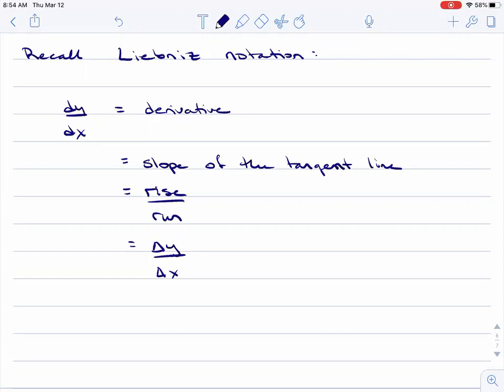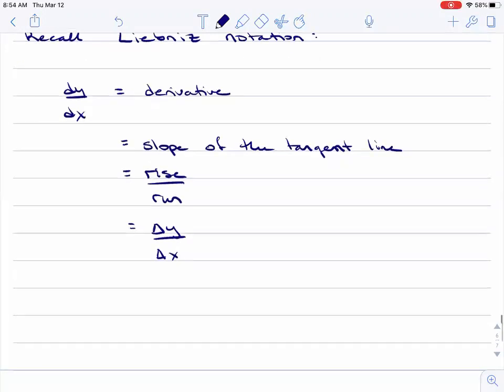This is how you get there, right? There's more to it, but that's how you get those. So when you see that dy dx, you can think about it as a change in y over the change in x, right? Deltas.